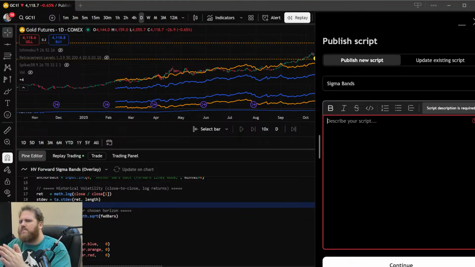So it's really useful for things that are making new all-time highs, to give myself some discipline. This is about discipline: here is what volatility implies it may go down to, and it gives you an idea of the downside potential implied.